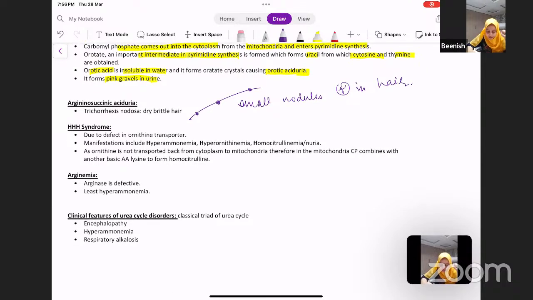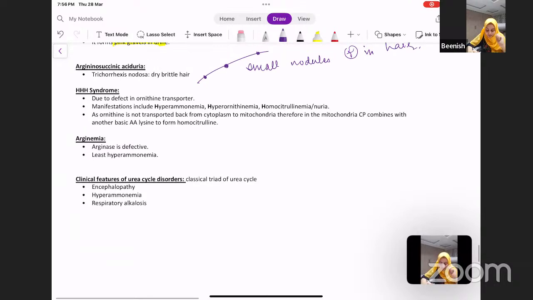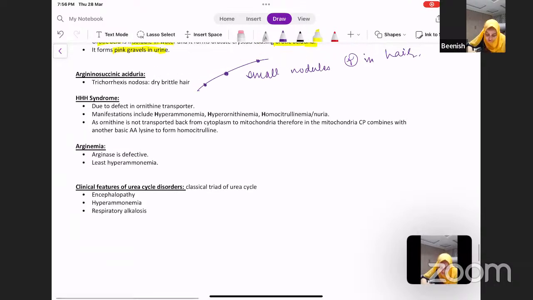Now, moving on to HHH syndrome. It is due to a defect in the ornithine transporter. Manifestations include hyperammonemia, hyperornithemia, and homocitrullinuria. So this is where your three H's come from: hyperammonemia, hyperornithemia, and homocitrullinemia.